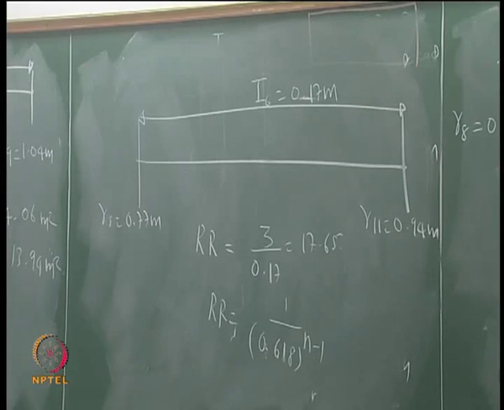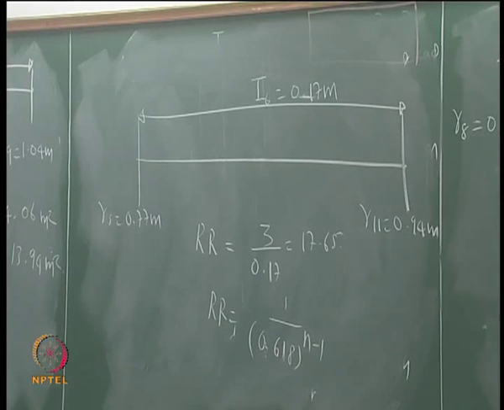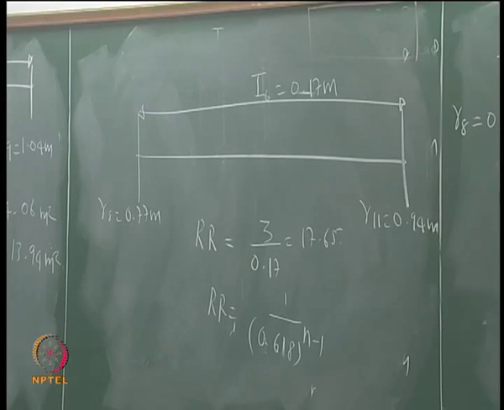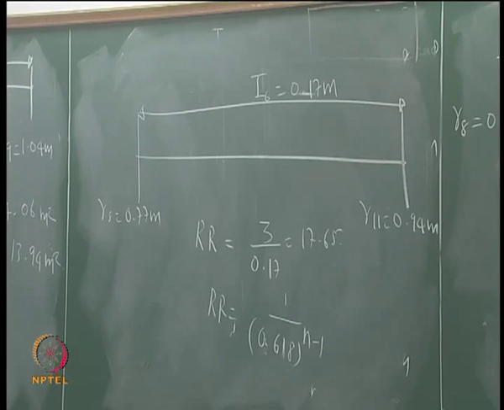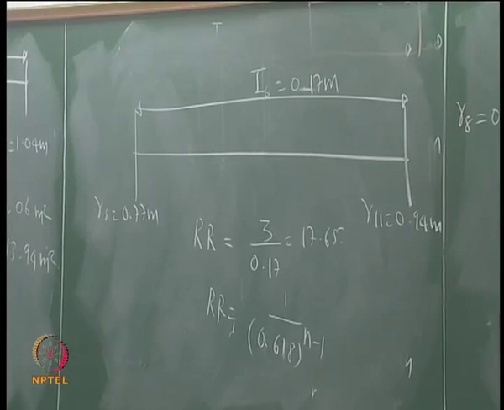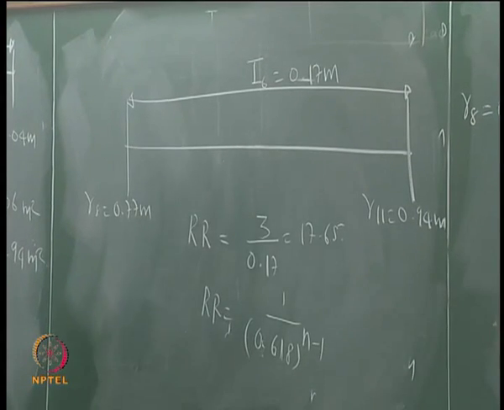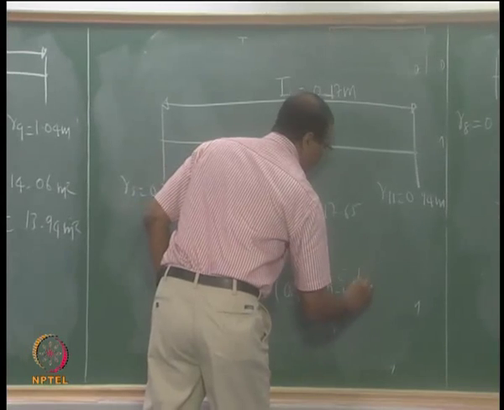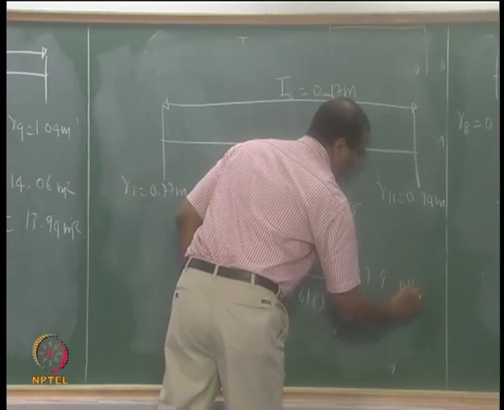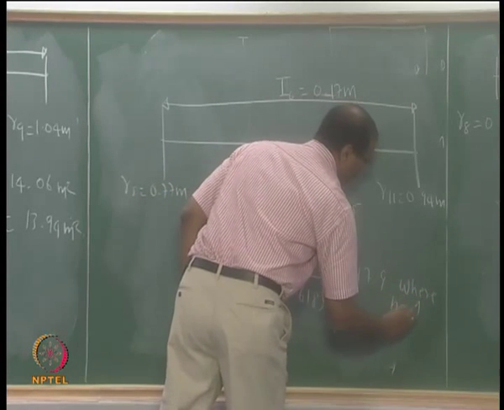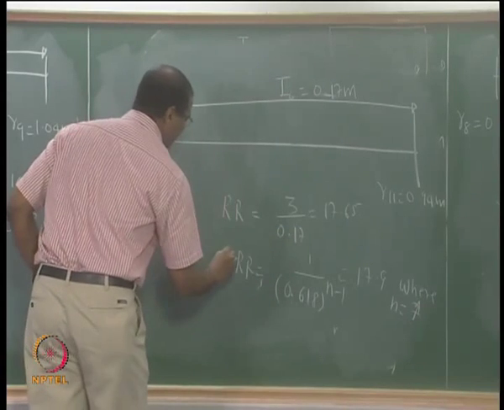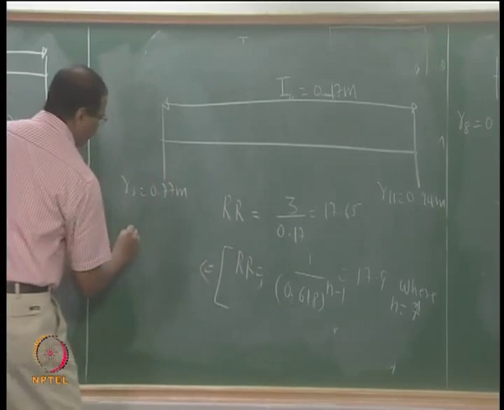It will not be n because the first time we do 2, right, the first time we do 2, therefore it has to be, what is this value for this? 17.91 is equal to 17.9. N is the number of evaluations.